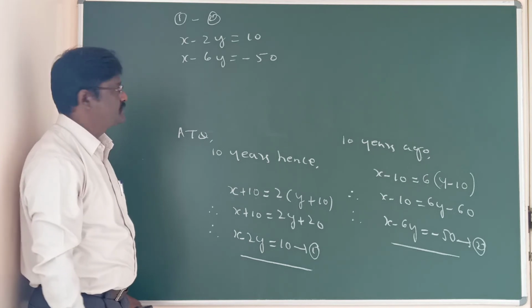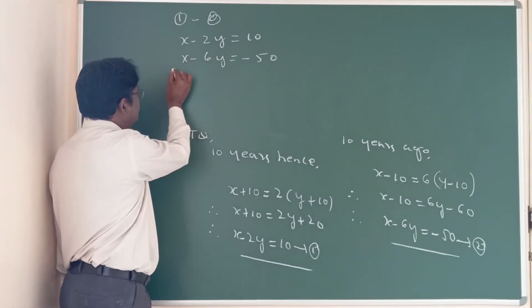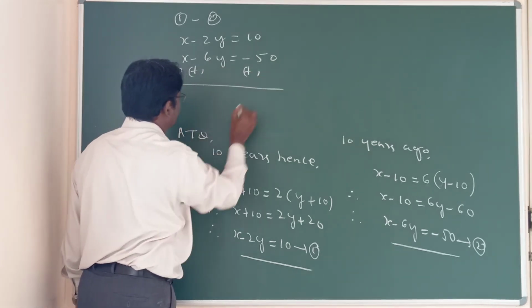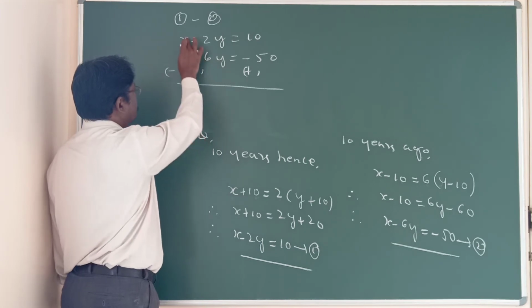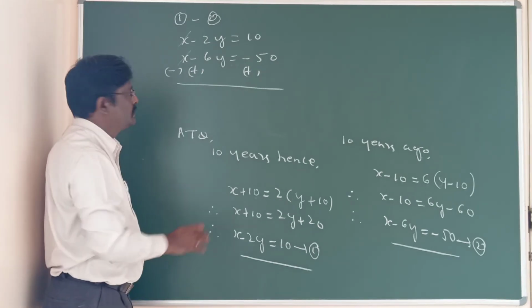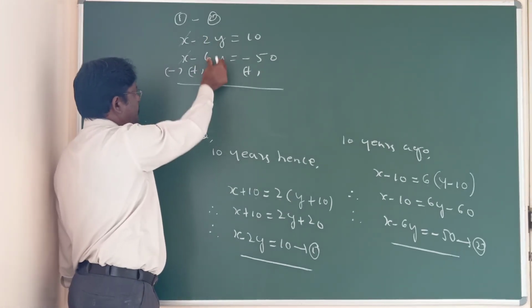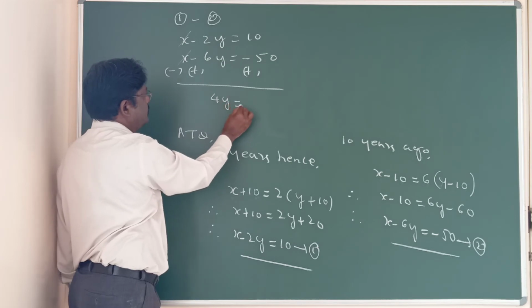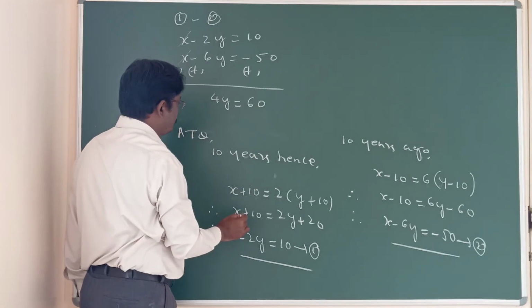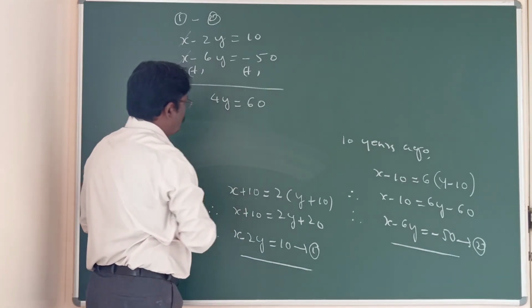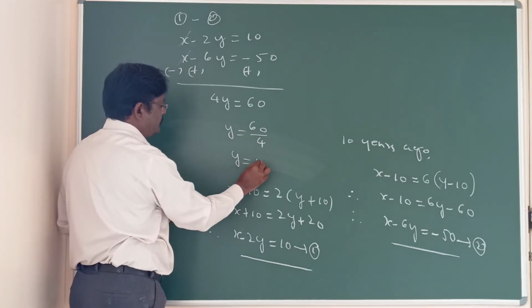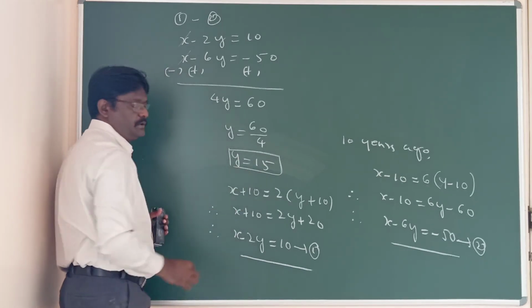Especially in case of subtraction, it is better to write it out, show the change of signs, and then simplify. So x minus x cancels, signs are different, find the difference: 6 minus 2 is 4, 4y equal to 10 plus 50, which is 60. Therefore y equals 60 by 4, y equals 15.